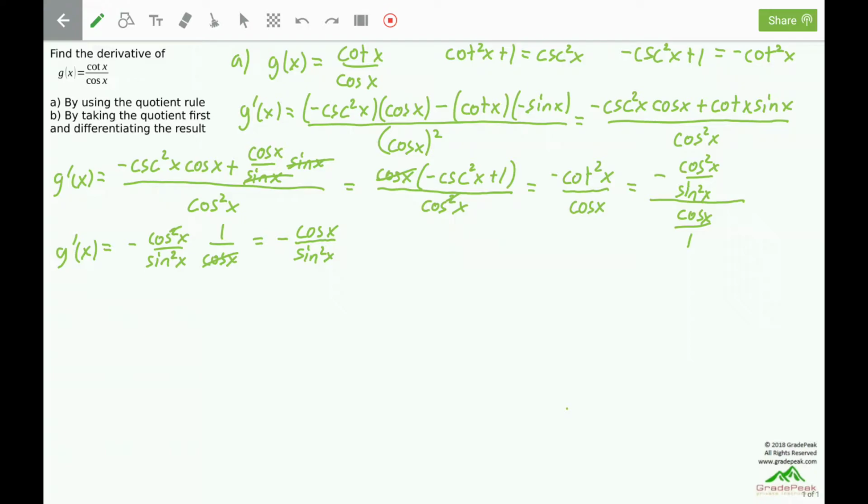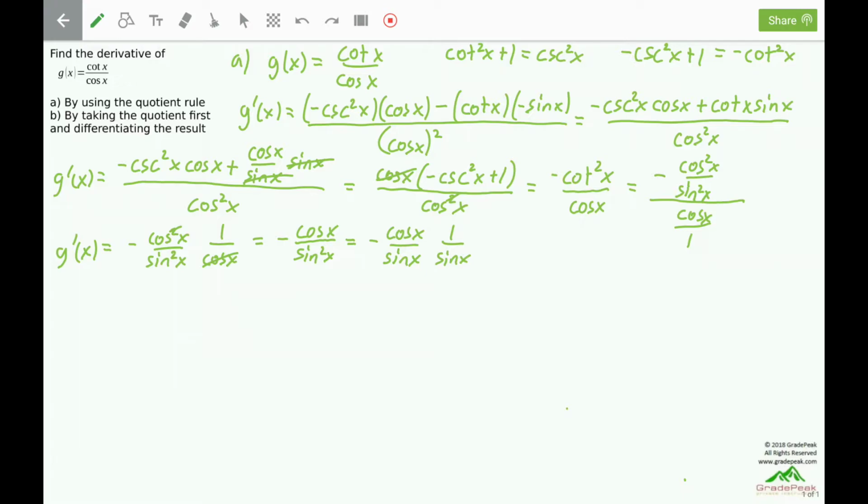Now we can go a little further with this. One option is to leave it as cosines and sines like this, but there's another possibility here where we can separate this like so. We will leave one of the sines under the cosine and move one off to be under a 1.